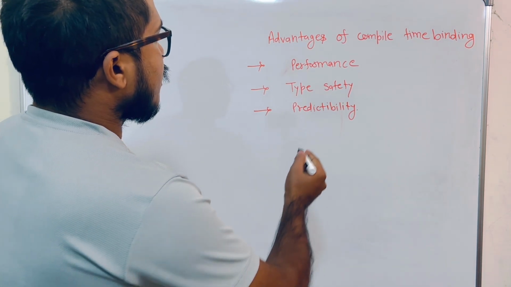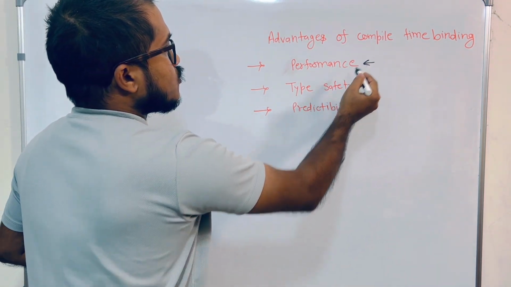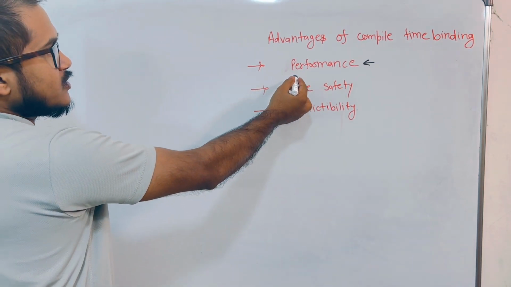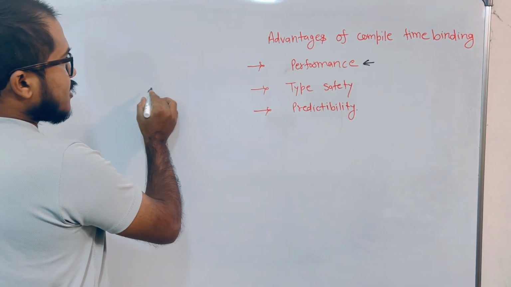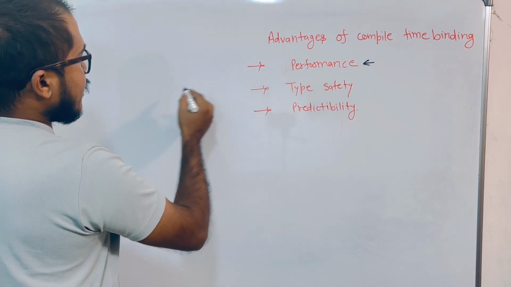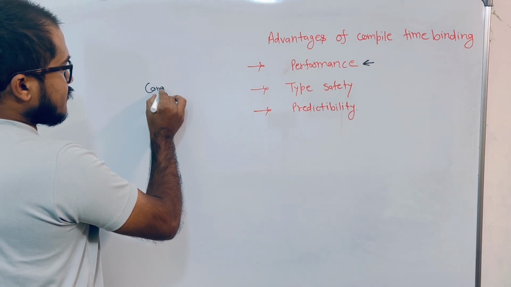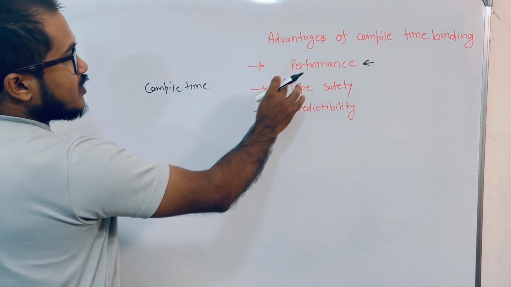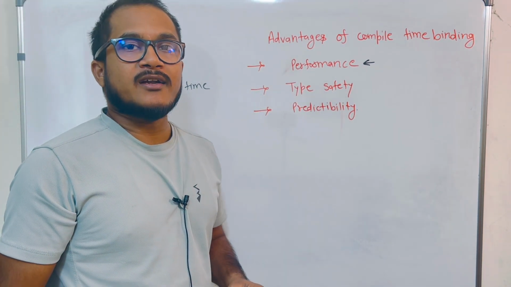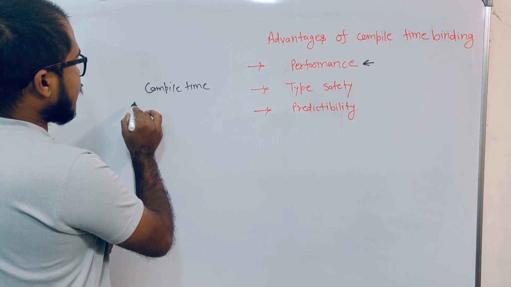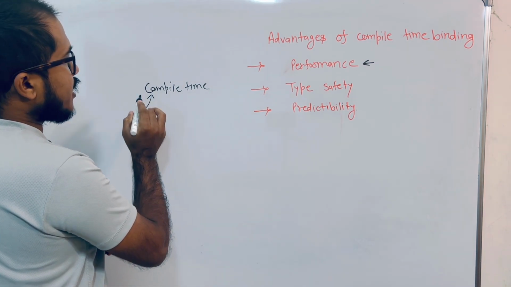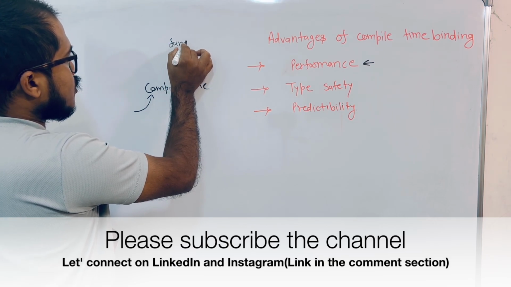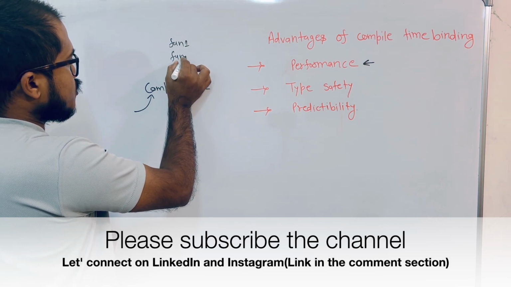First one is performance. So in case of compile time binding, the compiler is able to decide at the compile time itself which function to execute at runtime. It means that at the compile time itself, we are able to decide whether to call function 1 or to call function 2.